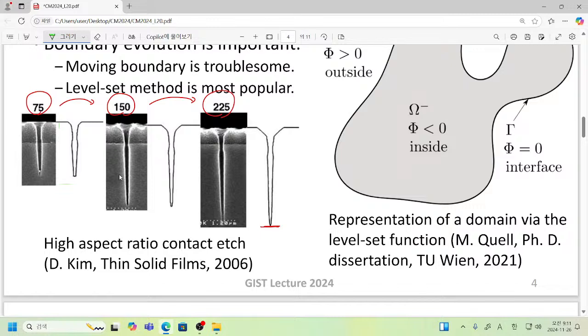If we want to make a certain grid, then we have to have many grids and assign them: okay, you are silicon, you are a gas, and you are silicon. So in order to precisely represent this shape, all of our points should be placed quite densely.